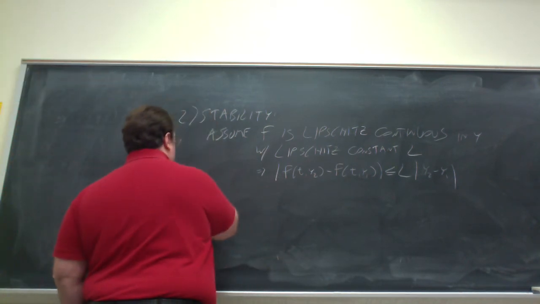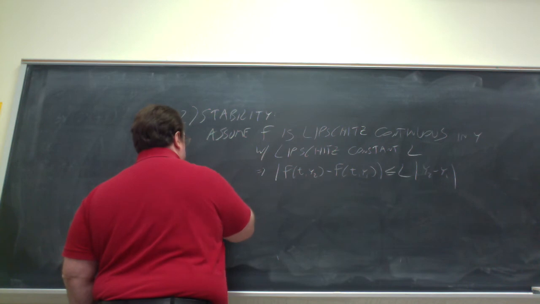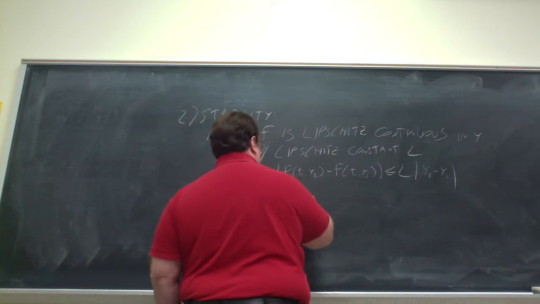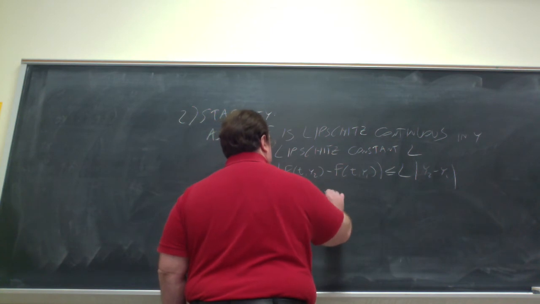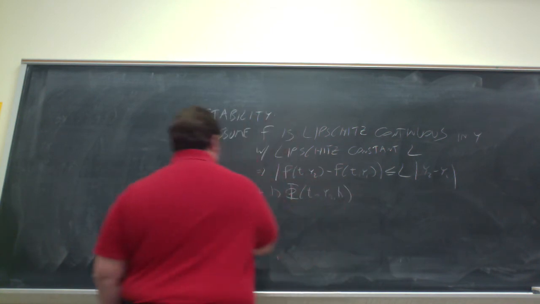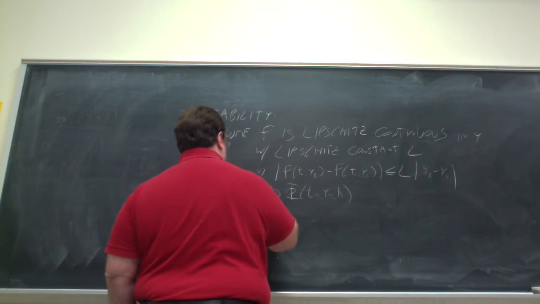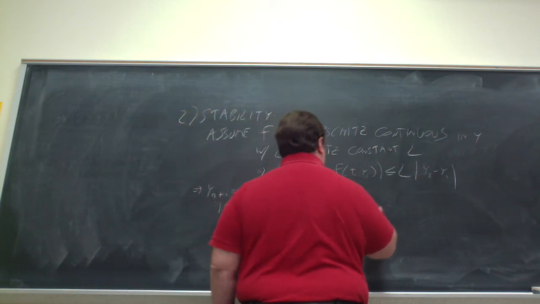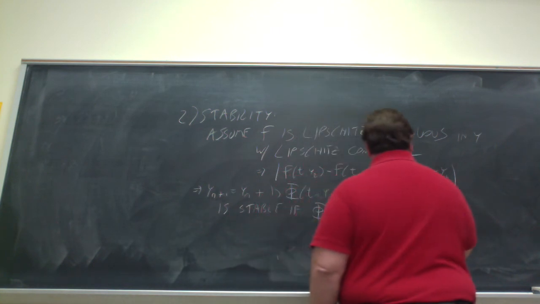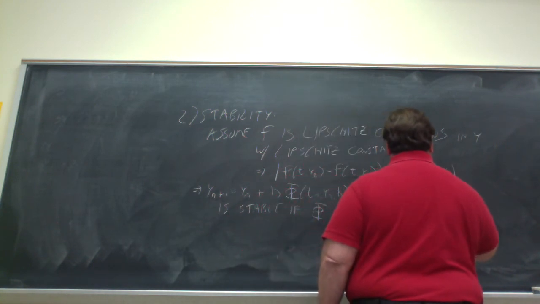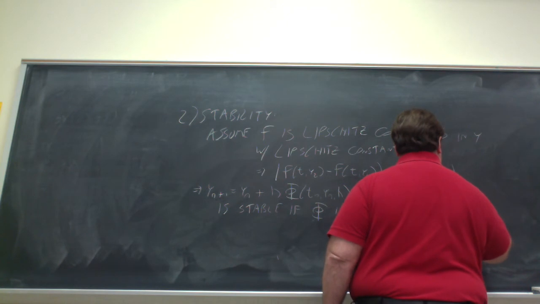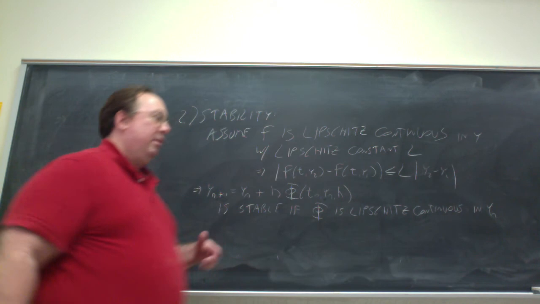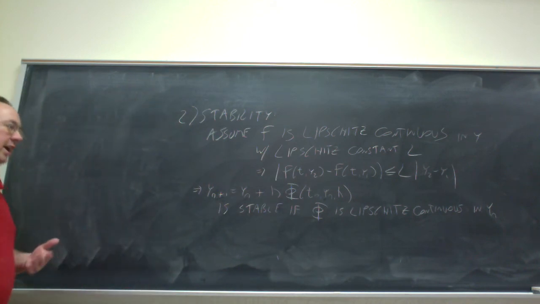So the general one-step method written in this generic form is stable if the function phi is also Lipschitz continuous in this variable, the y variable, I've written it as yn.